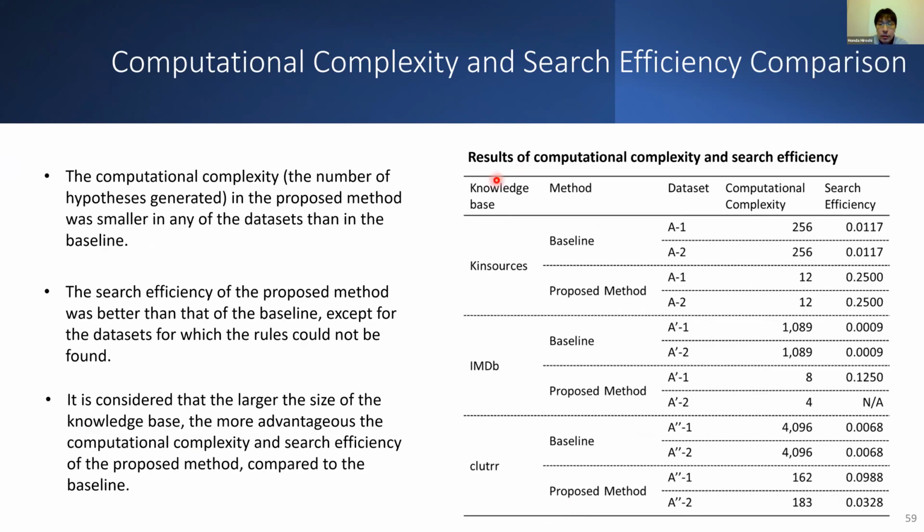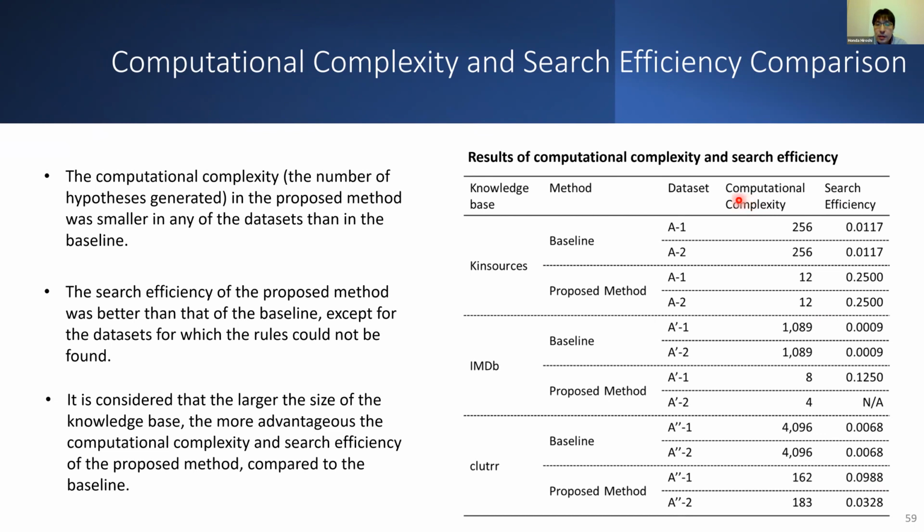This table shows results of computational complexity and search efficiency. This column is computational complexity, and this column is search efficiency. The computational complexity in the proposed method was smaller in any of the datasets than in the baseline.